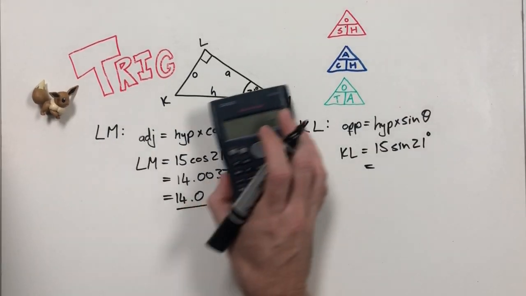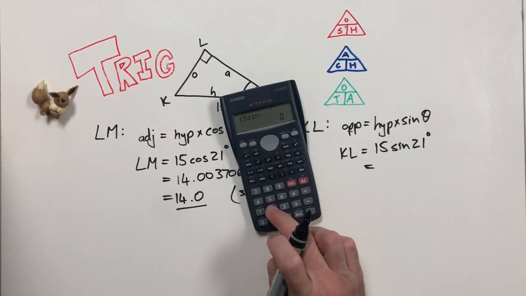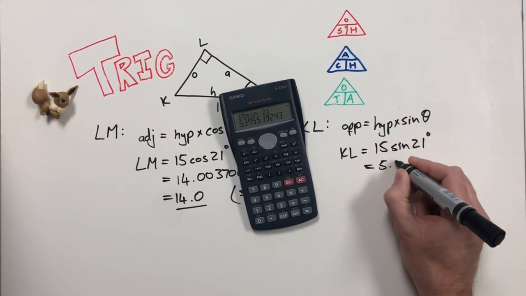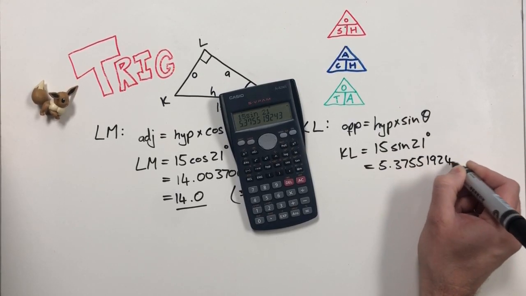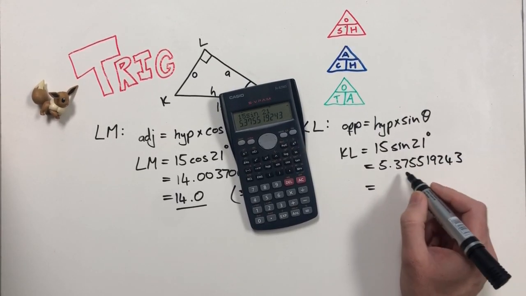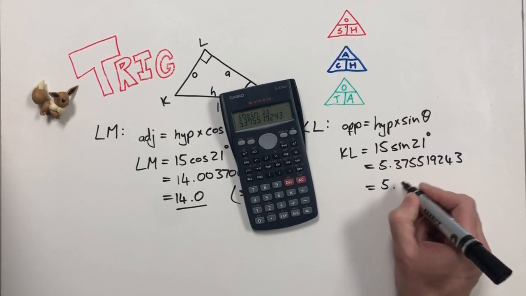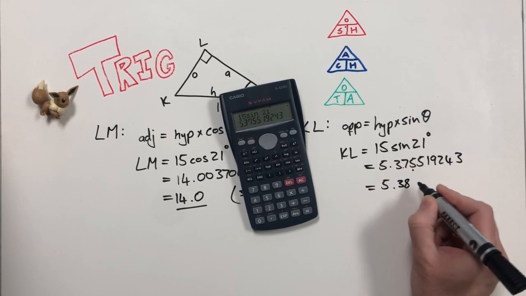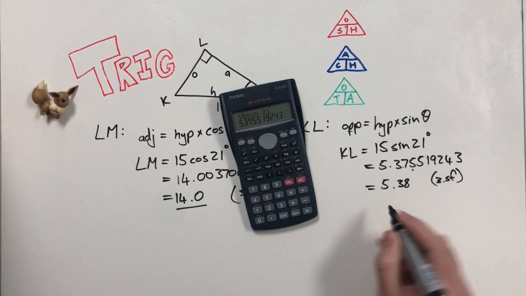So for this, I will just type in 15 sine 21, and we get 5.375519243. Again, I'm just kind of showing the marker. I know these numbers are important. For 3 significant figures, the fourth one has an influence there, so I would round that up, so this would be 5.38 to 3 significant figures.